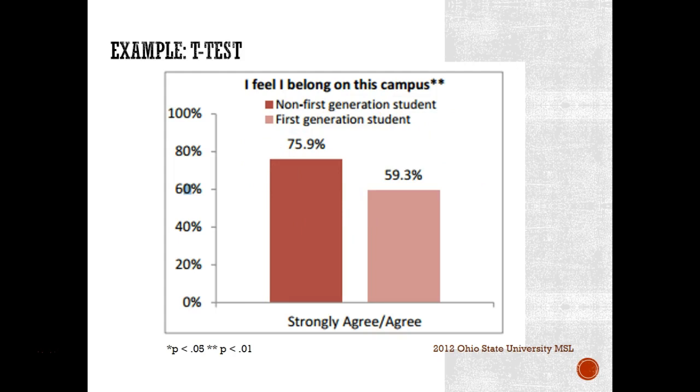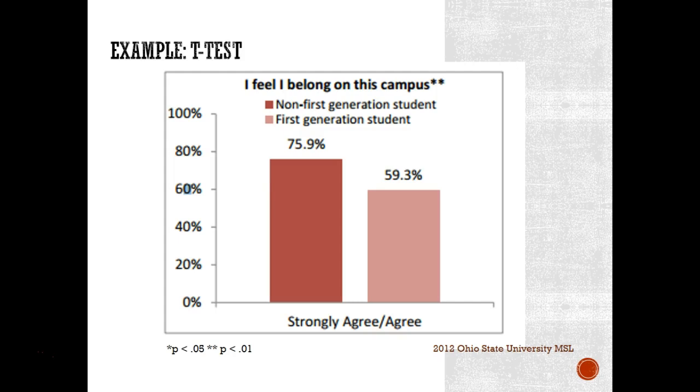So in this case, we suspect that first generation status may be driving students' sense of belonging. If you are a first gen student, this group of respondents tended not to feel that they belonged as much as the ones who were not first gen students.